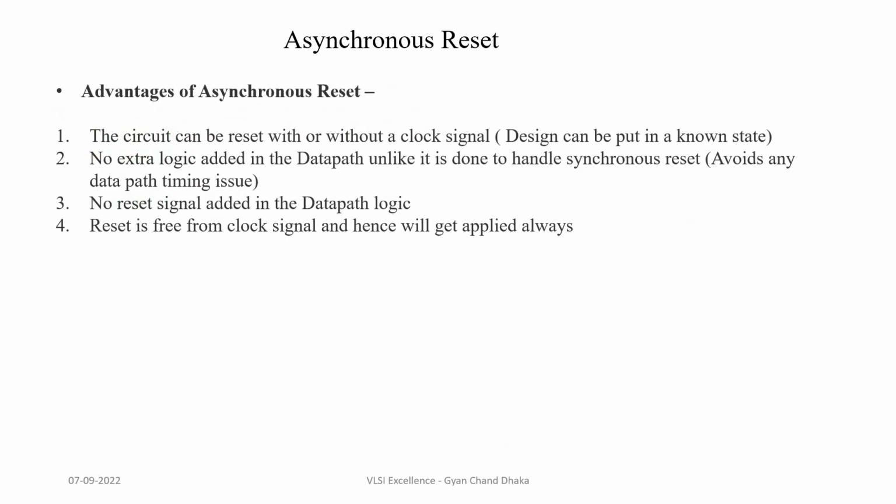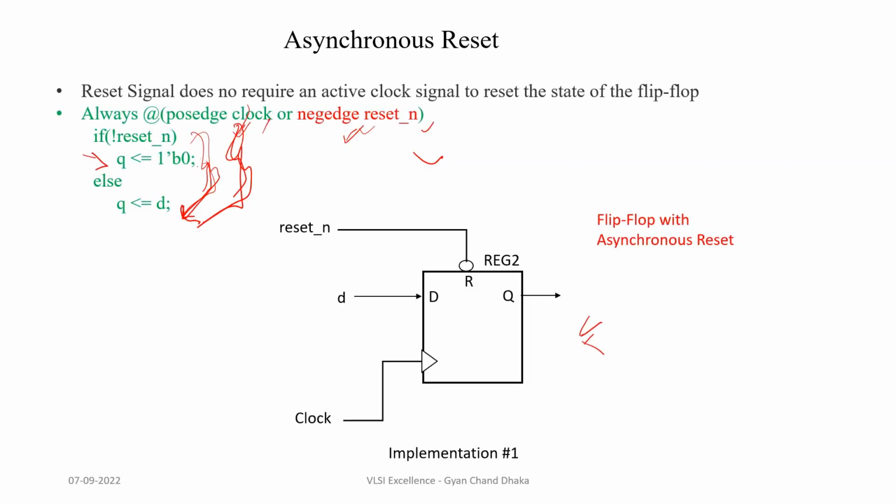Now let's see what the advantages of asynchronous reset are. The first advantage is that, since synchronous reset needs a clock signal to reset the design, asynchronous reset does not need that. It can be reset with or without a clock signal. Second is no extra logic added in the data path. Here we have asynchronous reset and no extra logic is added.